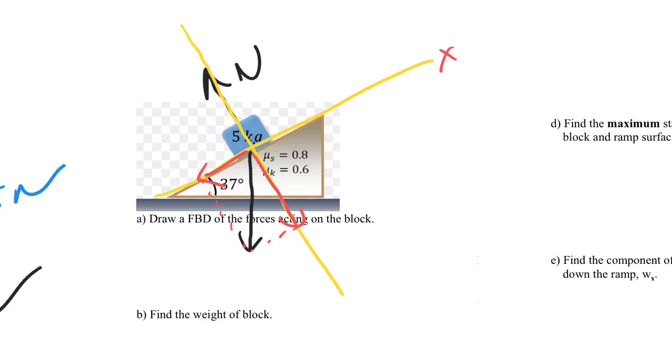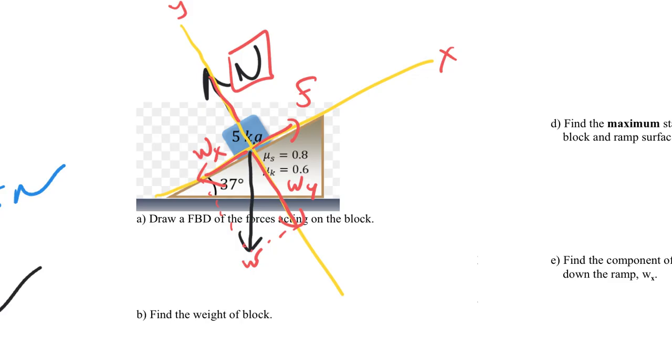But this would be the x-axis, this would be the y-axis, and just tilt it if you want to see it. So this is W, this is WY, this is WX. And we're going to have friction. I don't know if it's static or kinetic yet. Okay, so there we go.